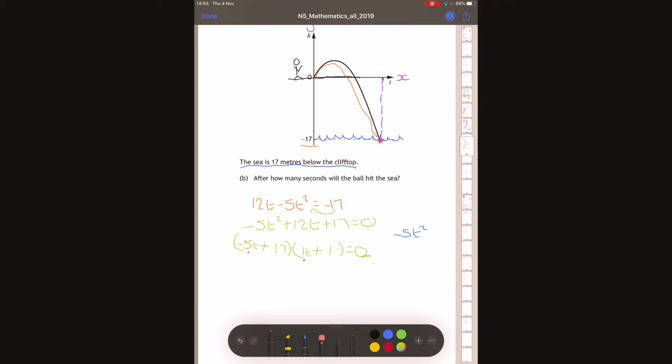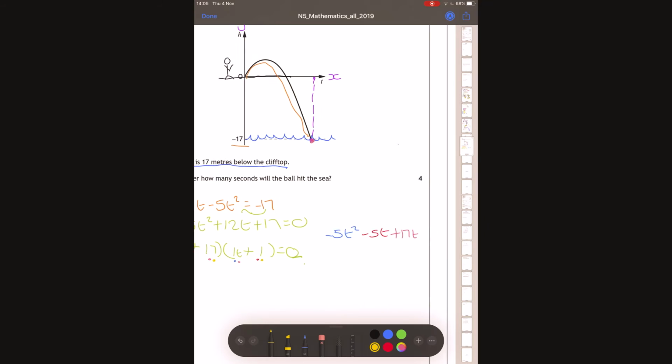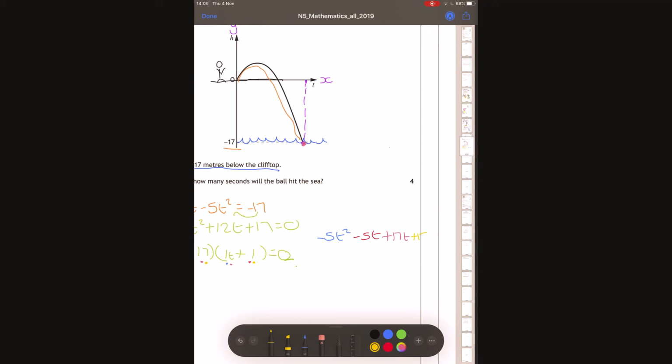Negative 5t times 1 is negative 5t. Next one. Now we do 17 times 1t is positive 17t. And then finally, 17 times 1 is 17.